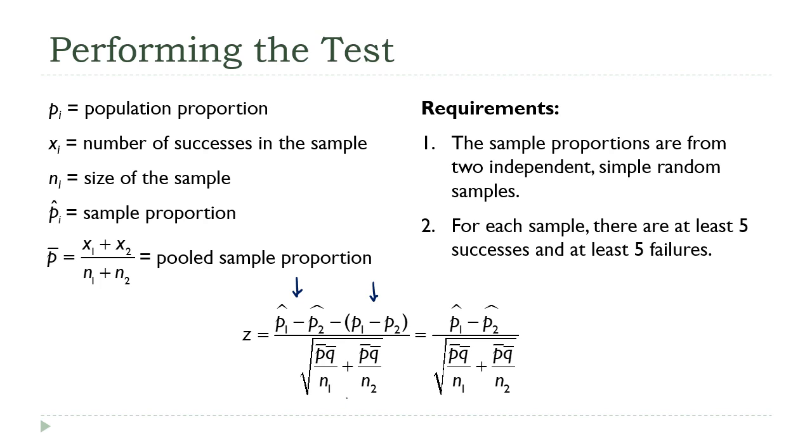And this square root in the denominator is the standard deviation we calculated on the previous slide. Finally, since the null hypothesis assumes that p1 and p2 are equal, their difference must be 0, so the formula simplifies to the right-hand expression.